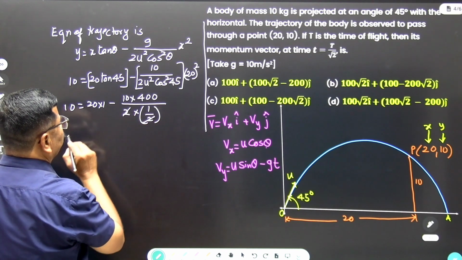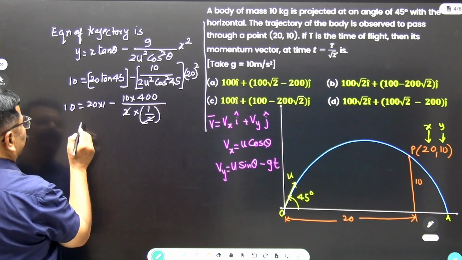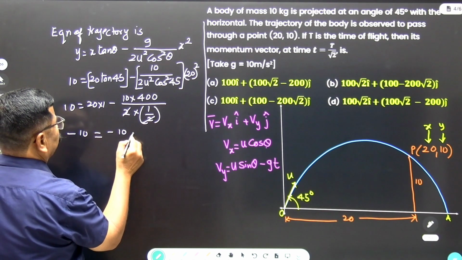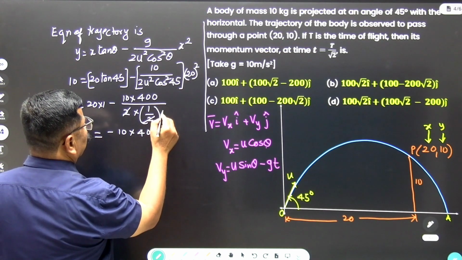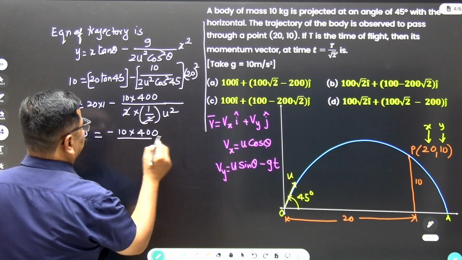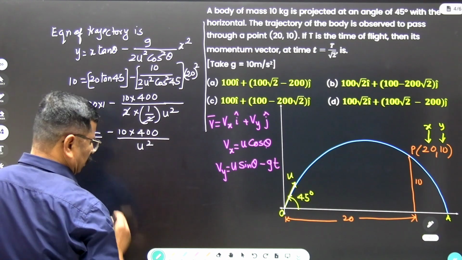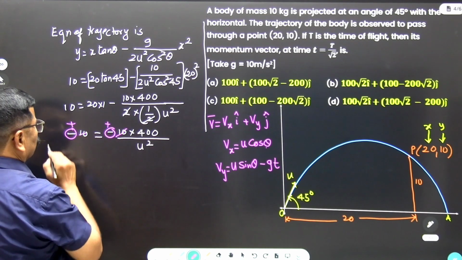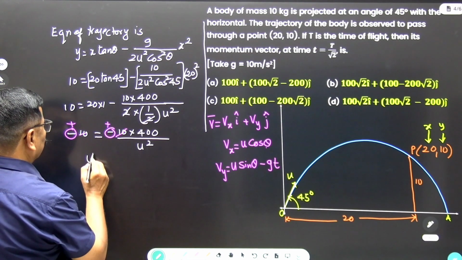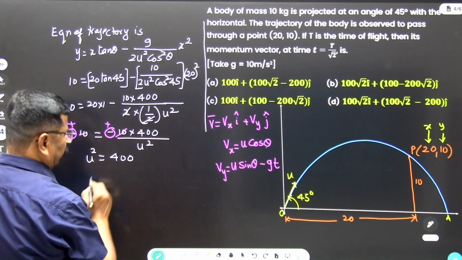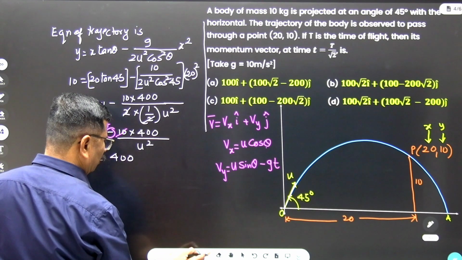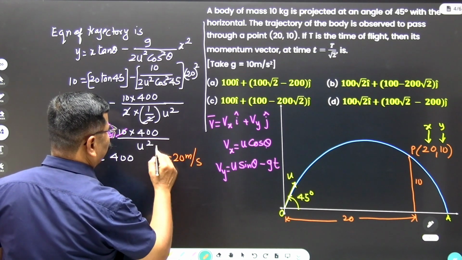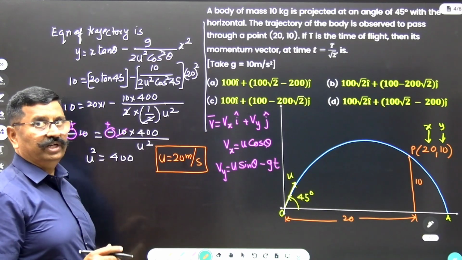So this 2 will cancel with this 2, and 20 I will take to this side, this will become minus 10 is equal to minus 10 into 400 divided by u square. Now this 10 will cancel and this will become plus. So u square comes to be 400, and initial velocity u is equal to 20 meter per second. So we got the first value u, that is 20 meter per second.